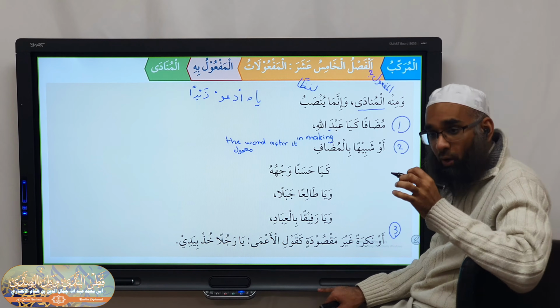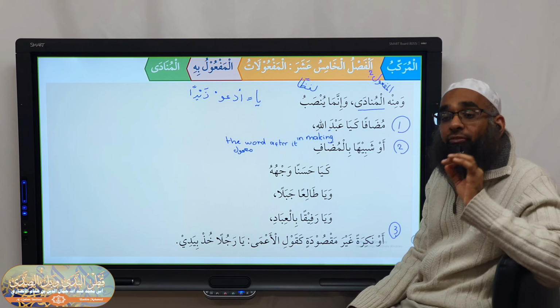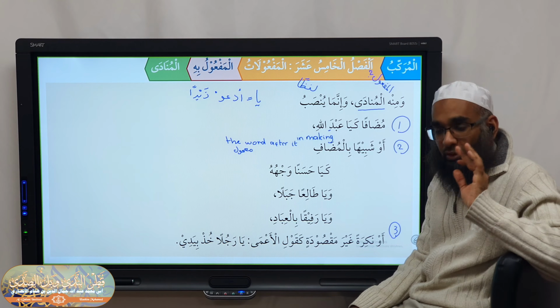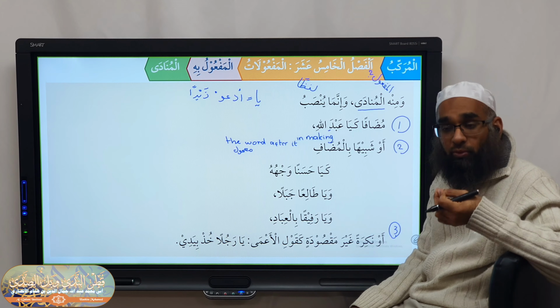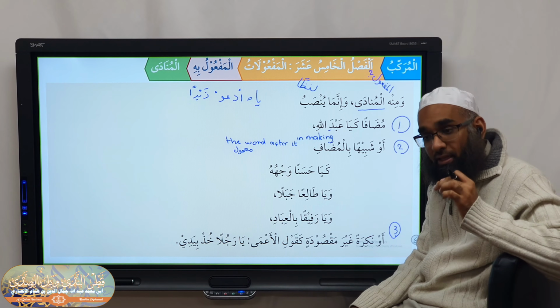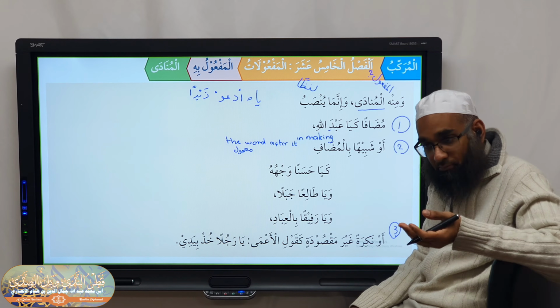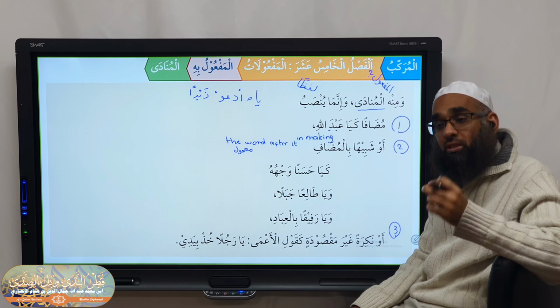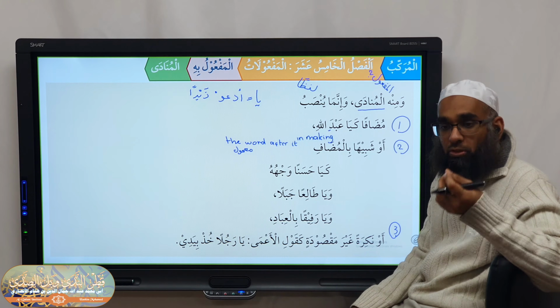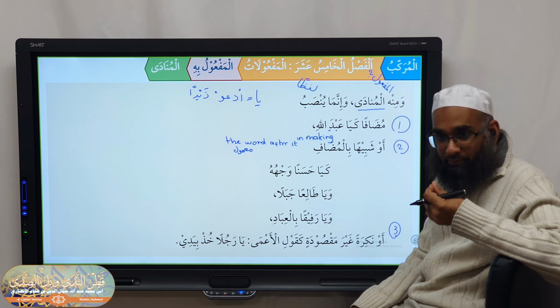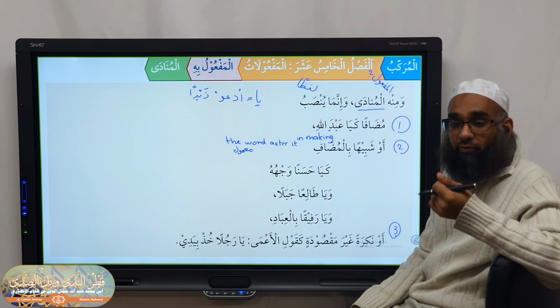So if there is a noun which governs the word after it, then it's called shabihun bil mudaf, because the mudaf governs the word after it. What does the mudaf do? It makes the mudaf ilayh majroor. So any noun which governs the word after, you say shabihun bil mudaf.